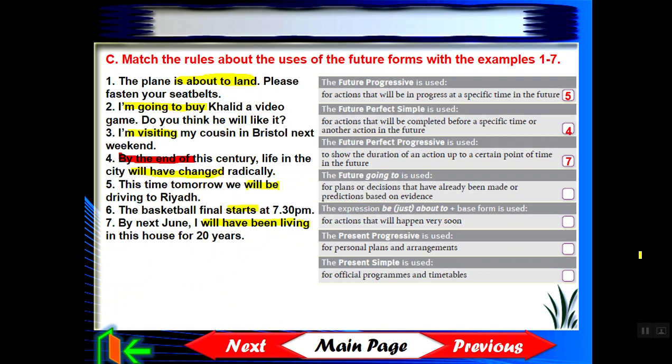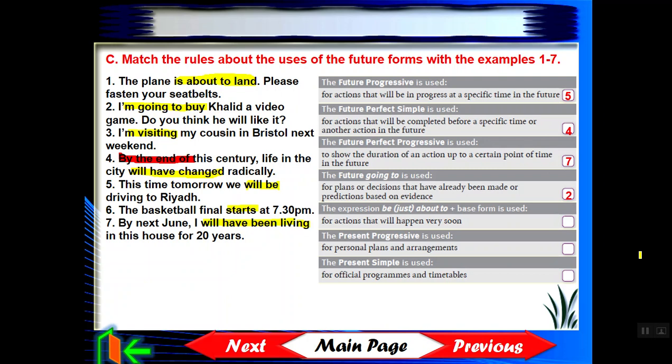You can make predictions, but based on evidence. You can't just say something with going to without evidence. It is the opposite of will, when you talk about only a possibility. But here you should have evidence, which is dalil. This goes with number 2.